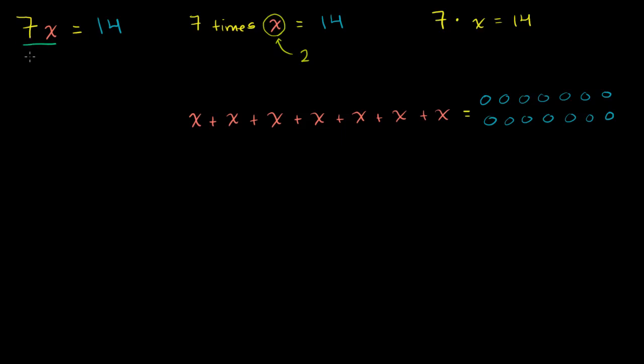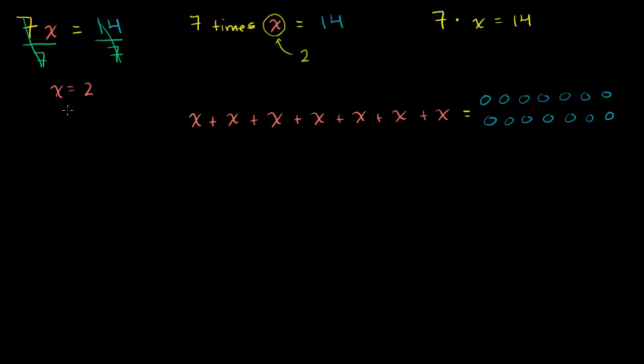So if you divide both sides by 7, what do you get? 7 times something divided by 7 is just going to be that original something. 7's canceled out. And 14 divided by 7 is 2. So your solution is going to be x is equal to 2.